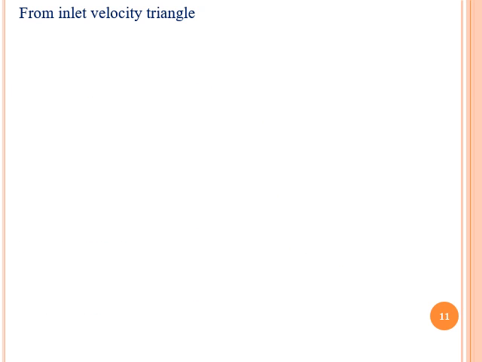So from the inlet velocity triangle, tan alpha 1 is equal to Vf1 by u1. The alpha angle is given as 10 degree, and flow velocity is constant at 2.5 meter per second, and u1 is unknown, and u1 is equal to 14.18 meter per second.